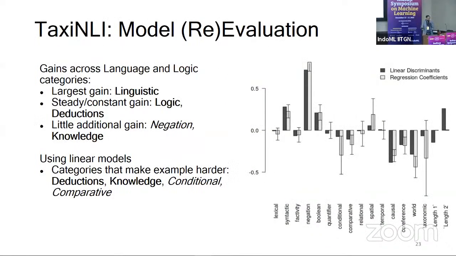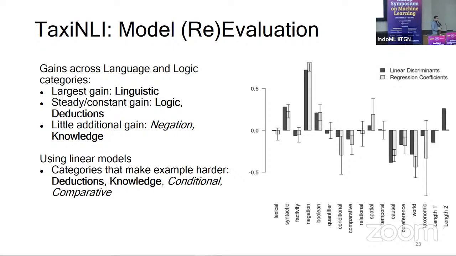We also evaluated a plethora of models, from naive Bayes to pre-BERT deep learning models to BERT and RoBERTa, which showed us a trend that none of these models are actually improving on non-language categories, in the sense of the logical and knowledge categories.